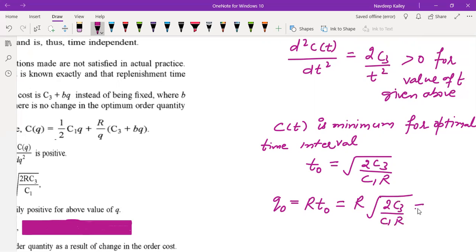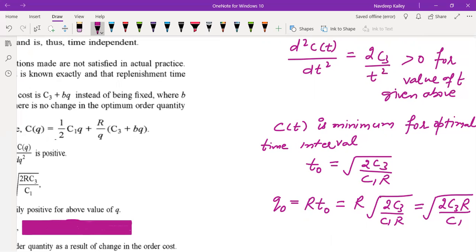After calculation, we will get it as the square root of 2C3 R upon C1, which is also known as the optimal lot size formula. Because this formula is due to R.H. Wilson, a mathematician, it is also called Wilson's or square root formula.